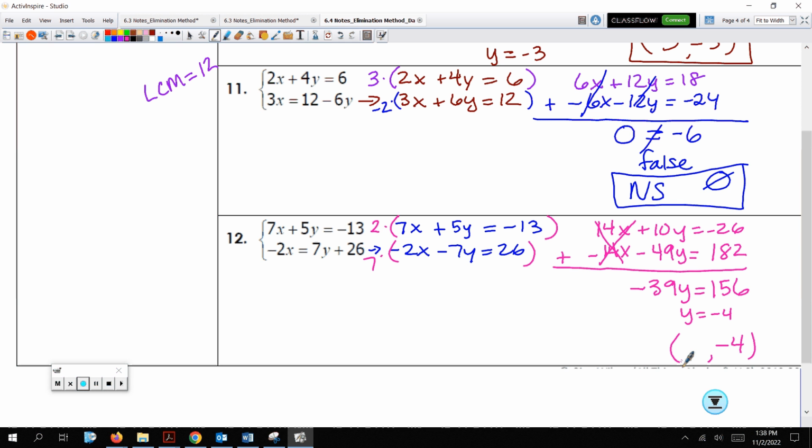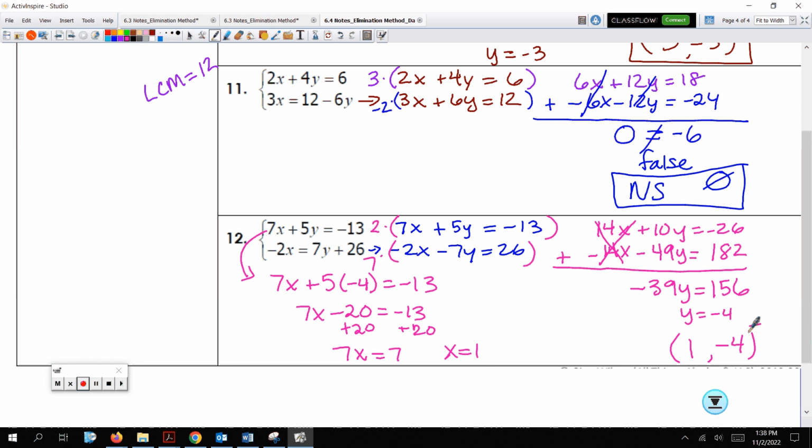All right, now I need to solve for x. I'm going to use this first equation, 7x plus 5 times negative 4 equals negative 13. 7x minus 20 equals negative 13. Add 20. 7x is equal to 7. X is equal to, oh no, yahoo, 1.